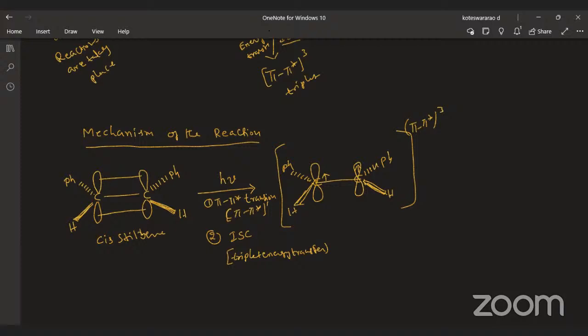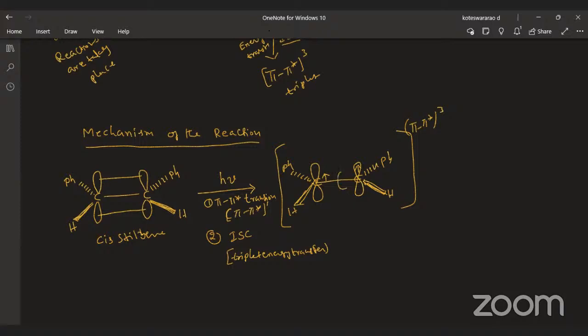This kind of state will not undergo any reaction. For the reaction, it needs to undergo a CC bond rotation.